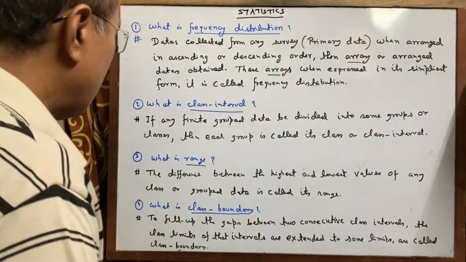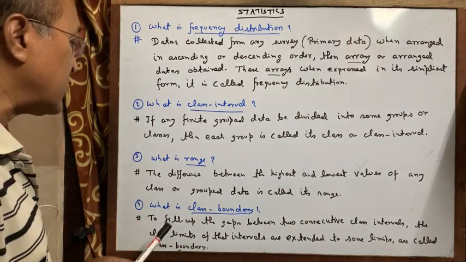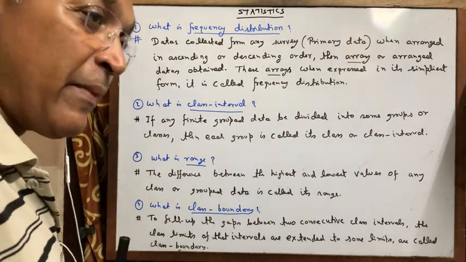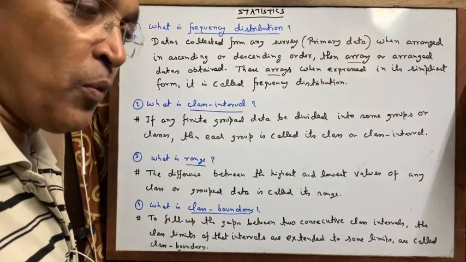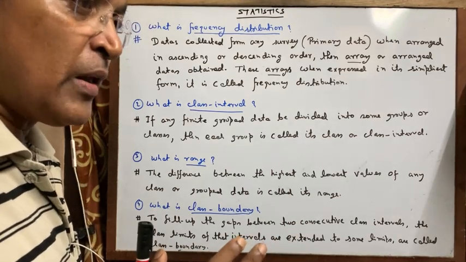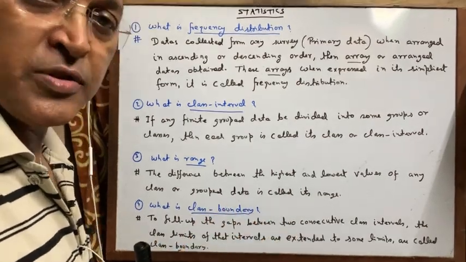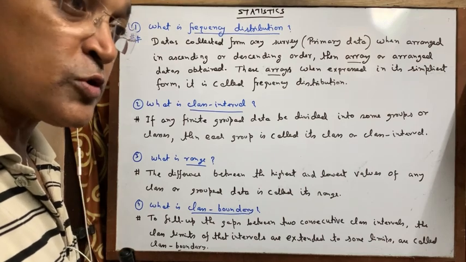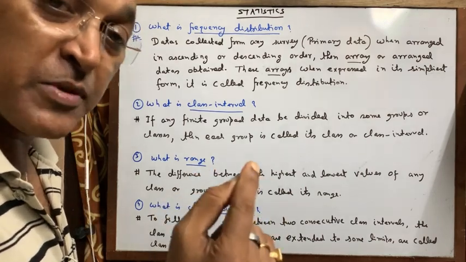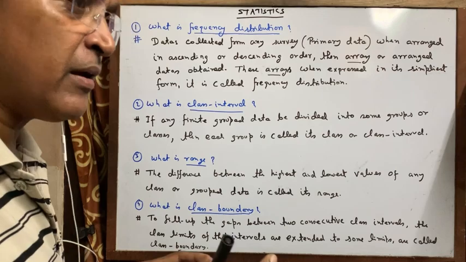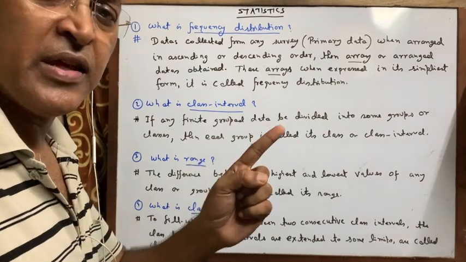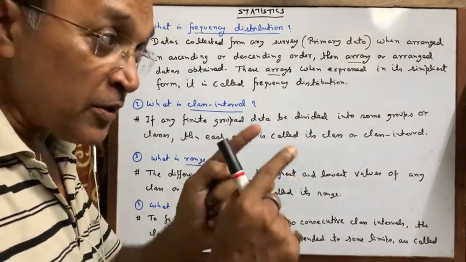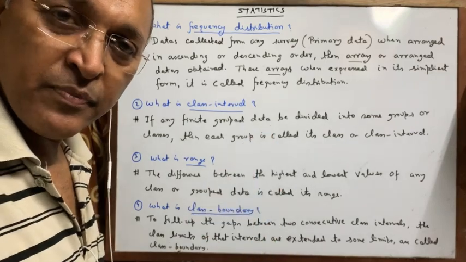And the next important point is, what is class boundary? On many occasions, when class intervals are arranged, they might not be regular, meaning there might be some gap. Like say data is 0 to 5, then 6 to 10. In between 5 and 6 there is a gap.